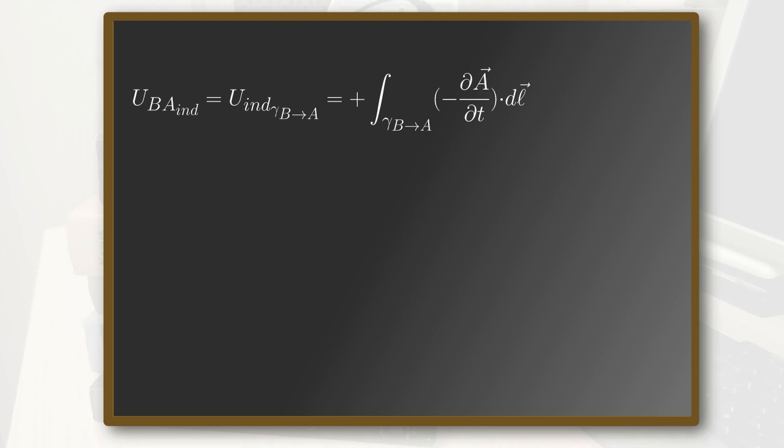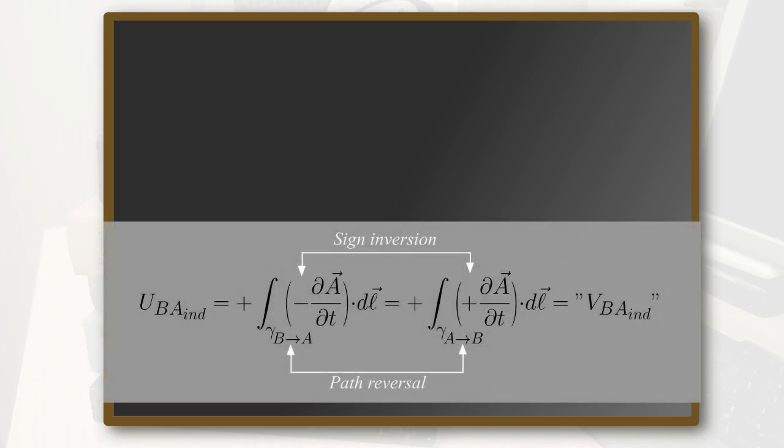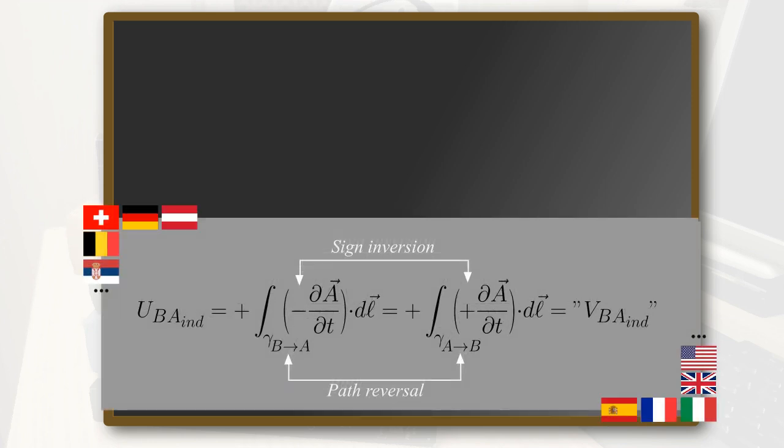In our notation, the same value of induced voltage is computed as V induced BA, and we need to put it in quotes because our path is from A to B and not from B to A. Again, let me repeat that inversion in the direction of the path is accompanied by the change in the sign of the integral, with the end result that the numerical value will be the same in both notations. And this formula shows the equality.